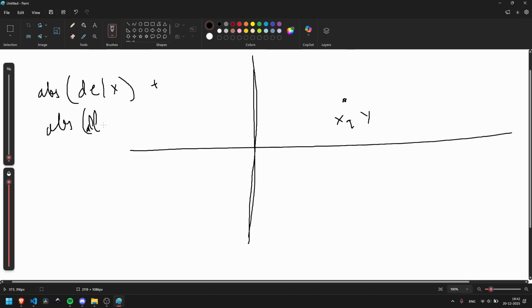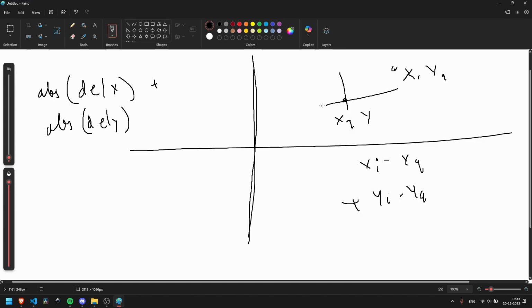So if, let's say, we were trying to find the distance of a point which is to the right and above, so it has an xi greater than or equal to xq and a yi greater than or equal to yq, then the Manhattan distance is just xi minus xq plus yi minus yq. And if this point were here, instead of yi minus yq, it becomes yq minus yi. So we can split our query into 4 sections and find the answer for all the sections.